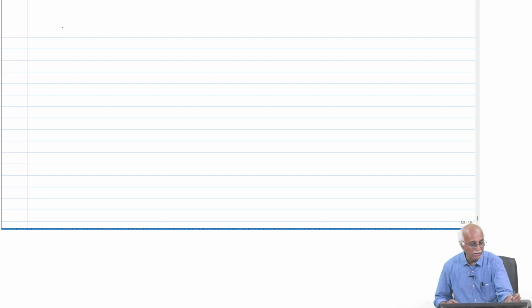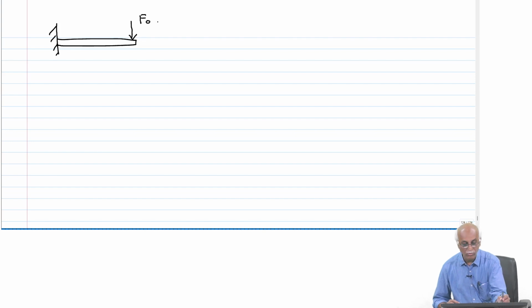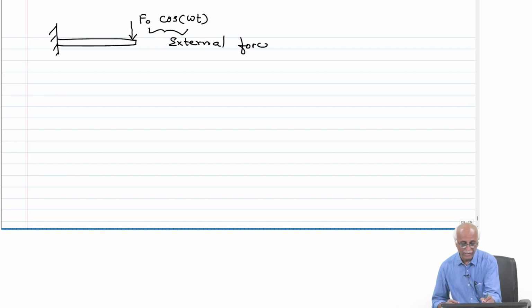So in case of a simple cantilever beam under the application of a sinusoidal input force, let us say it is f0 cosine omega t, where f0 is nothing but an external force, or a pressure force, which is generated due to the photoacoustic effect, and omega is nothing but the modulating frequency.